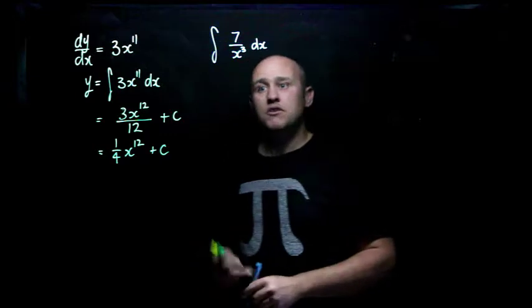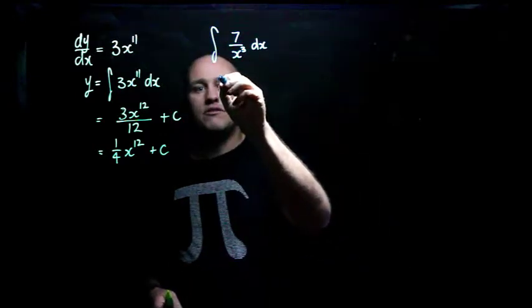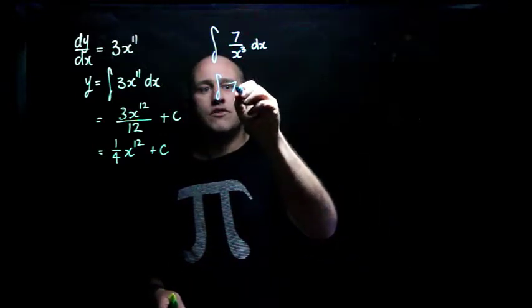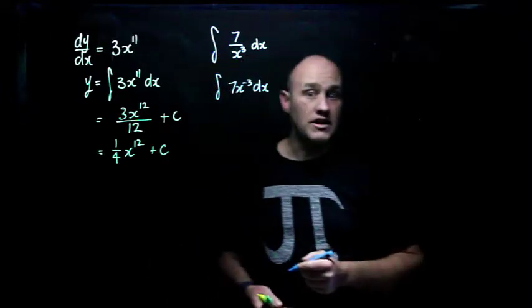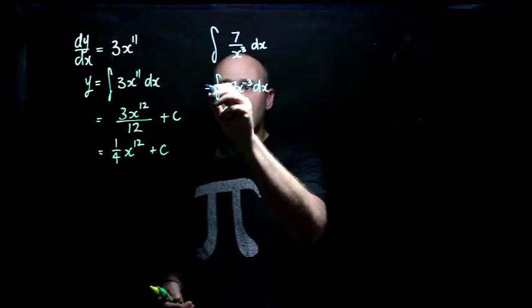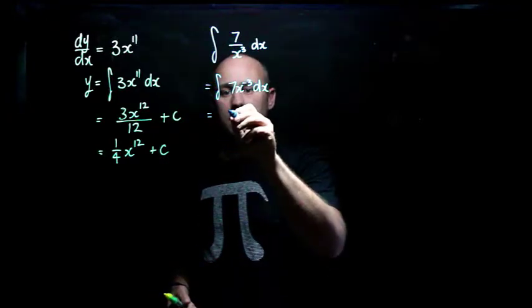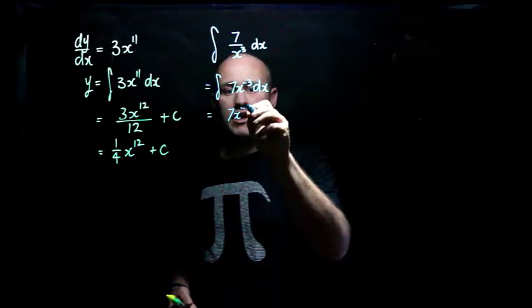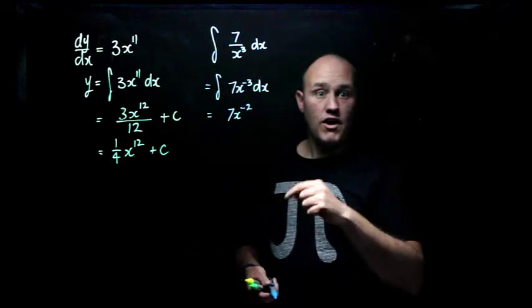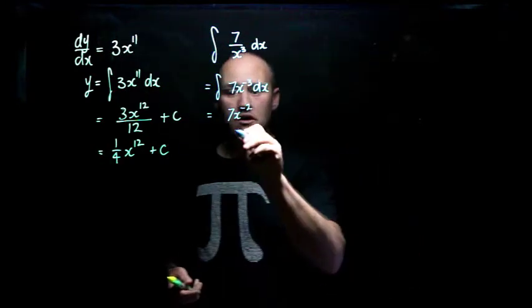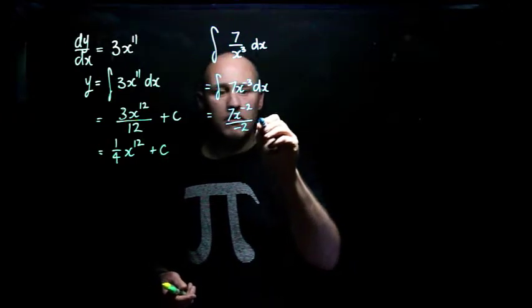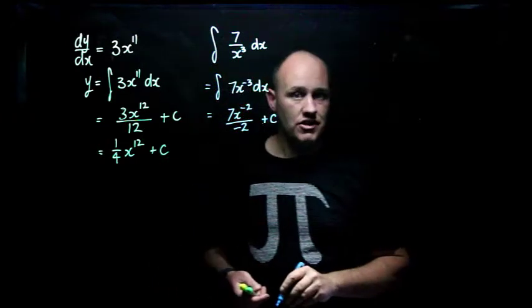But for now, this can just really simply be written as the integral of 7x to the power of negative 3 dx. So we just apply that index law. And of course that simplifies down to 7x to the power of negative 2. If you raise negative 3 by 1, you get negative 2, and I divide by the new power, and I add the constant of integration.